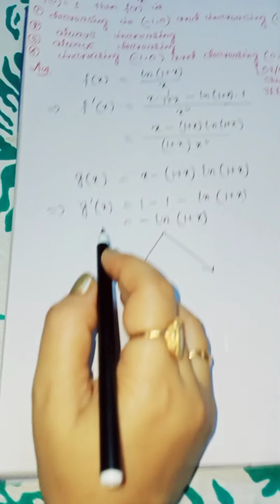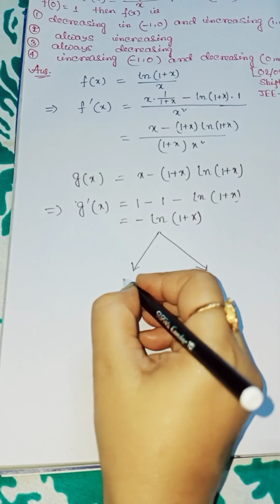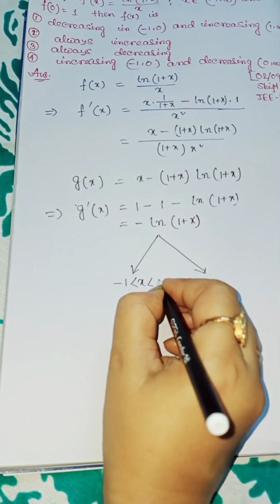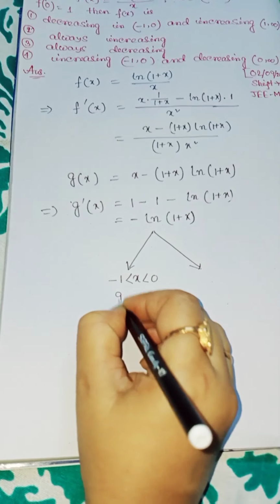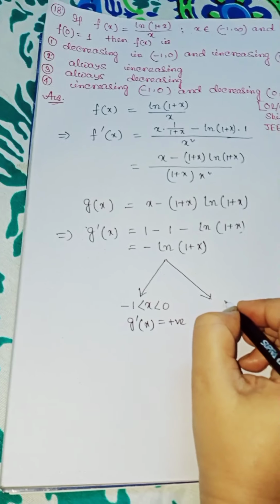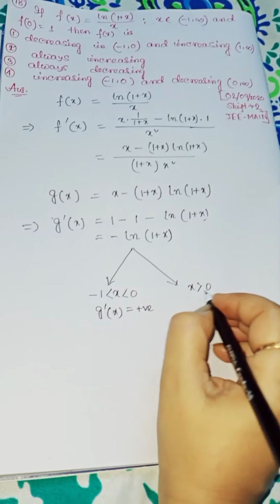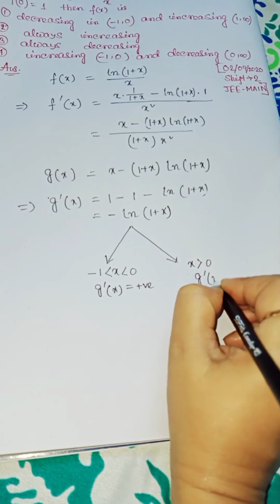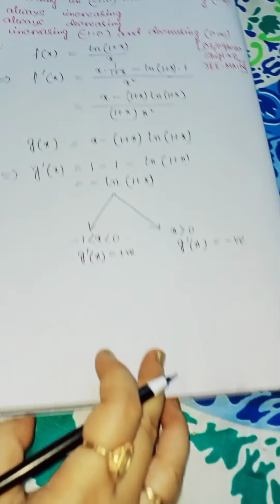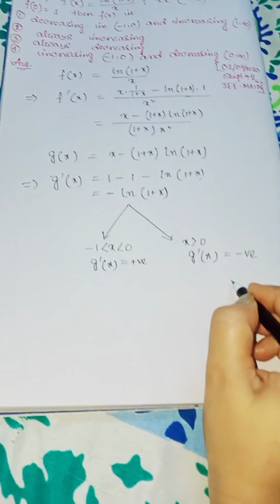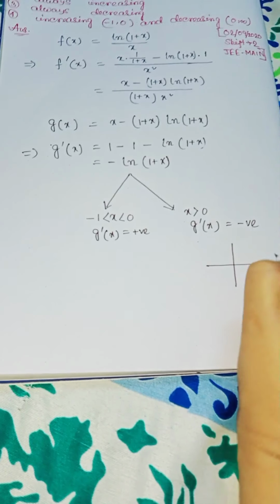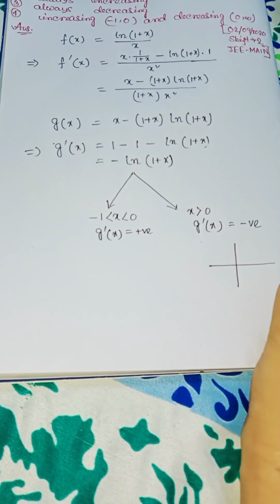So g'(x), if x lies between -1 to 0, then g'(x) is positive, and if x is greater than 0, then g'(x) becomes negative. So let's plot g(x).